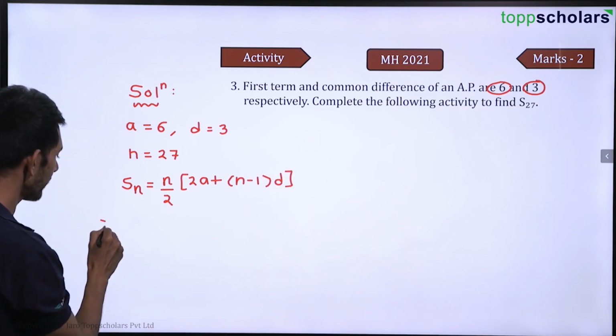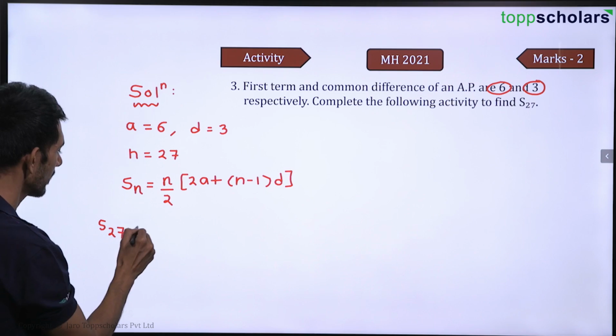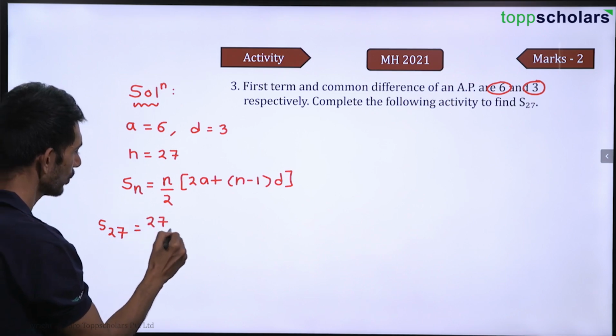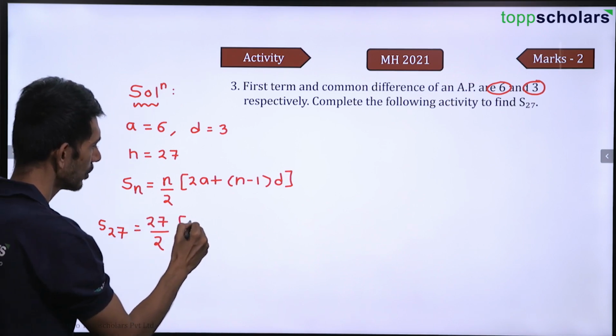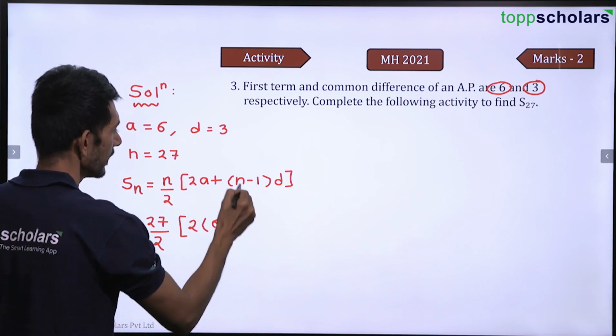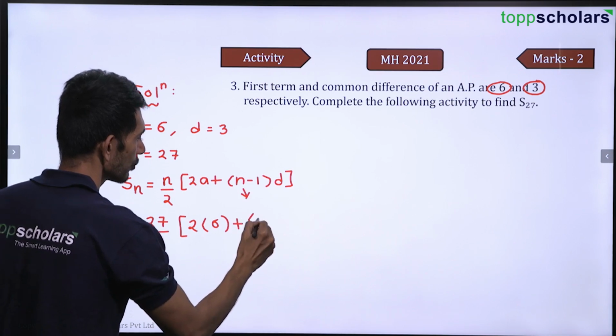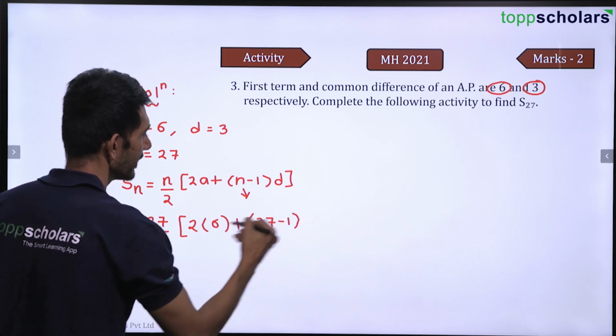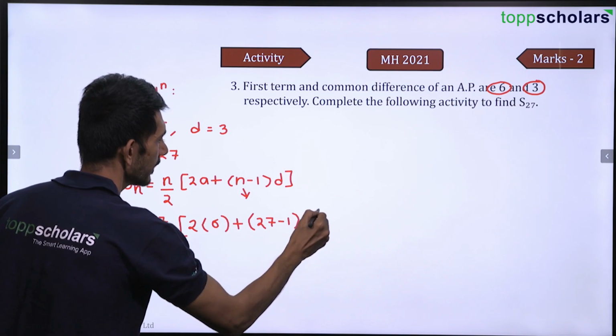So this will become S27 is equal to 27 by 2 into 2 into A. A is 6, plus n is 27, so 27 minus 1 into D is 3.